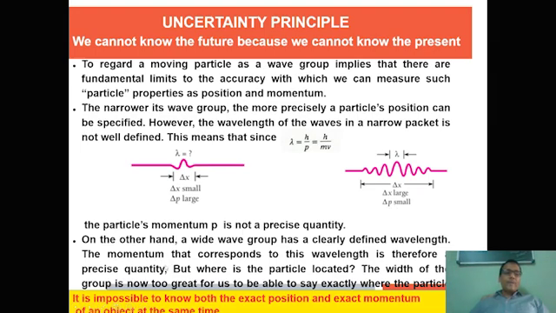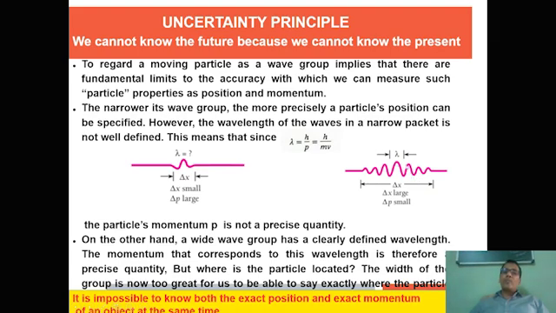So one can say it is impossible to know both the exact position and exact momentum of an object at the same time. This is the outcome of this discussion. So let's see again. This is a narrower wave packet, so we can have the exact value of its position, and this is a broad wave packet.